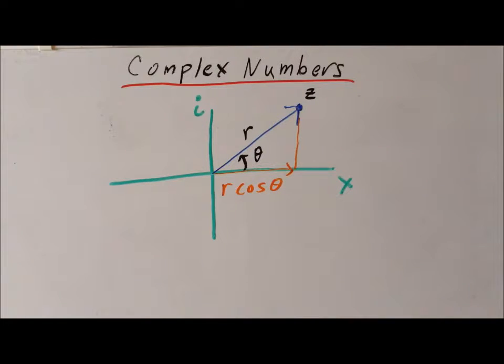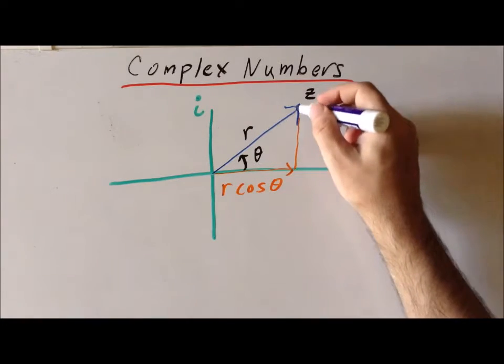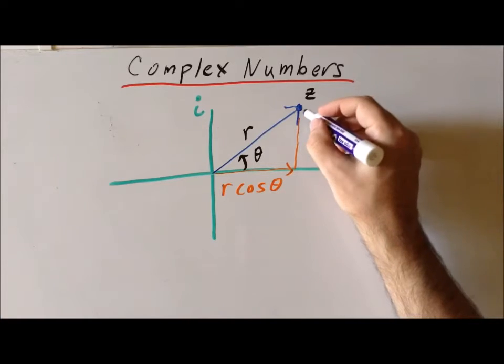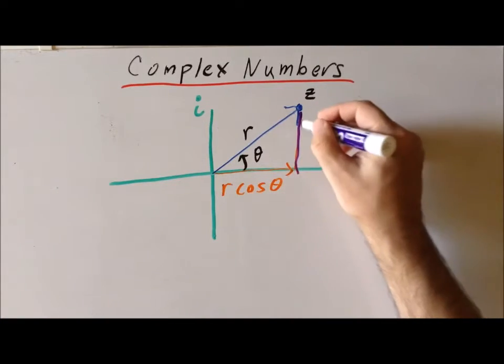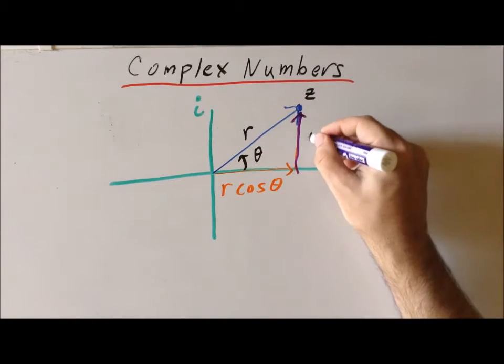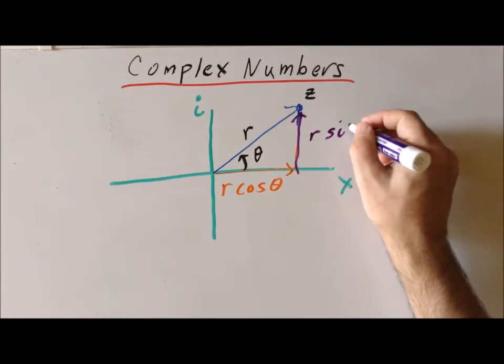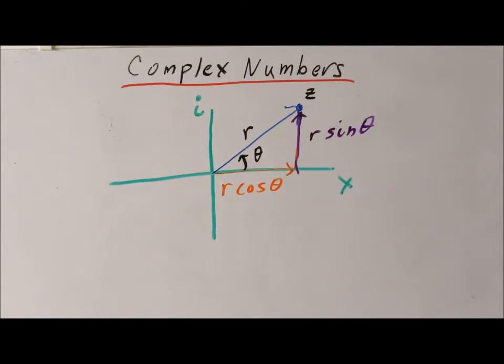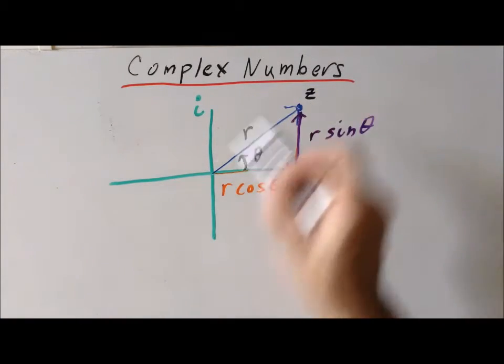On the other hand, the length of this particular leg, which we'll draw in purple here, is going to be r sine theta. So now we have come up with another way to think about the coordinates of this particular point.